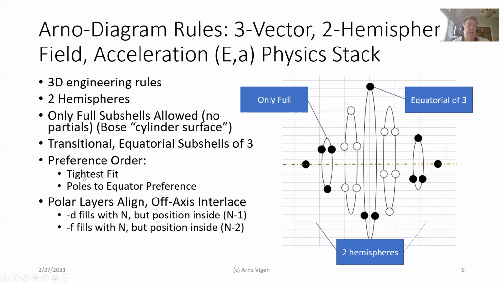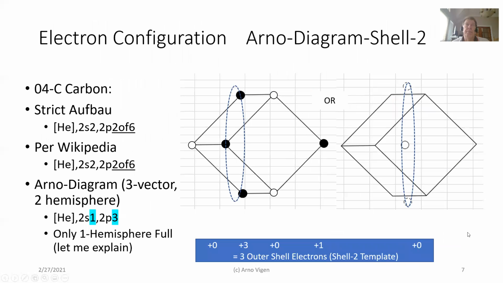So the preference order is tightest fit, okay, poles to equator preference, and of course, only full subshells. And understand that those off-axis ones, while they may fill in this order, the positions are inside and thereby the energies for D and F. Now, the template specifically for my shell 2 template for an Arno-diagram has 2 options because you don't have an inner layer other than those 2 right in there tightly in subshell 1, right at the poles.